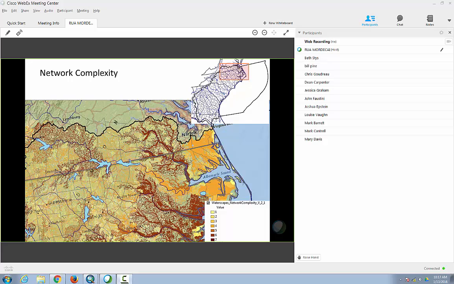We can go beyond the LCC boundaries because this is all based on some of the CCAP information and trying to be consistent with those metrics that came out of that assessment. This is watersheds beyond the South Atlantic, and in theory, at this point we could do the whole eastern seaboard, the whole east, northeast and southeast.